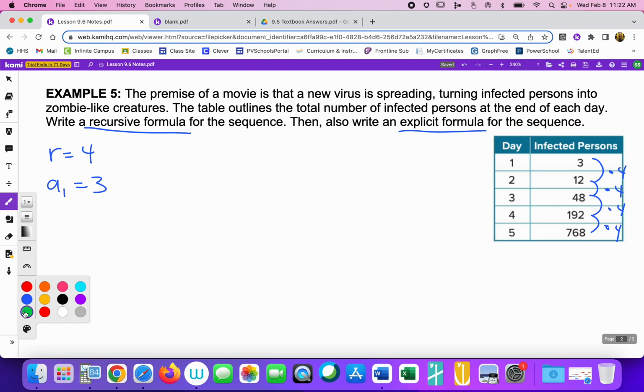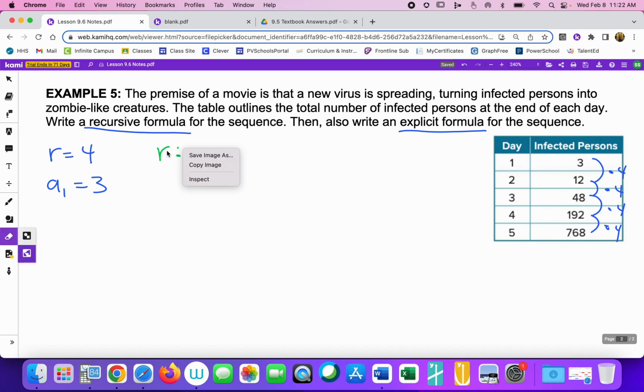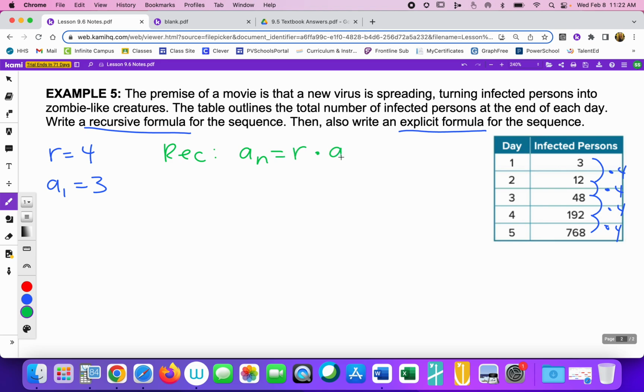The recursive formula for geometric. Okay. So the recursive, actually, I shouldn't use an r. Okay. Recursive is a sub n equals r times a sub n minus 1.